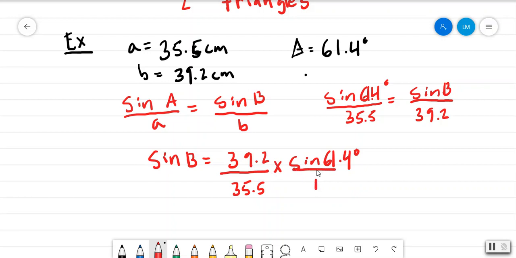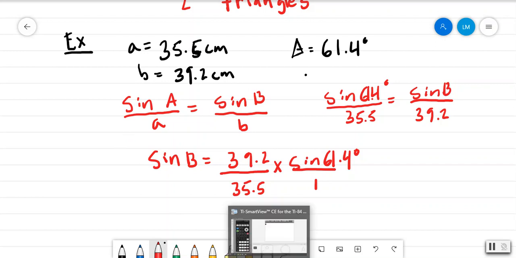Now, basically what we'll do here is we'll just figure out what value we get for this.